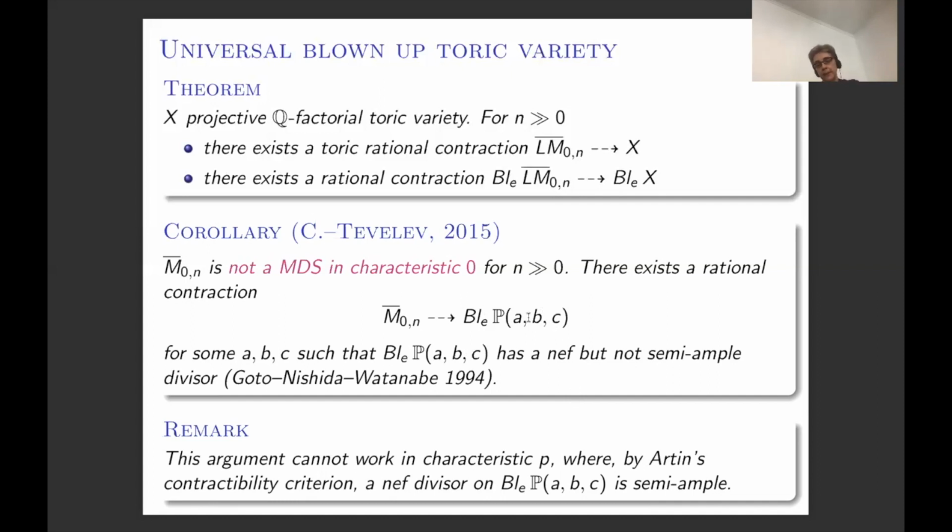The surface is defined over Spec Z. And so when we work modulo p, then you have a surface which is defined over F_p, and now by Artin's contractibility criterion, you can always find a morphism that contracts exactly one of these curves. So the two rays of the nef cone are actually semi-ample.